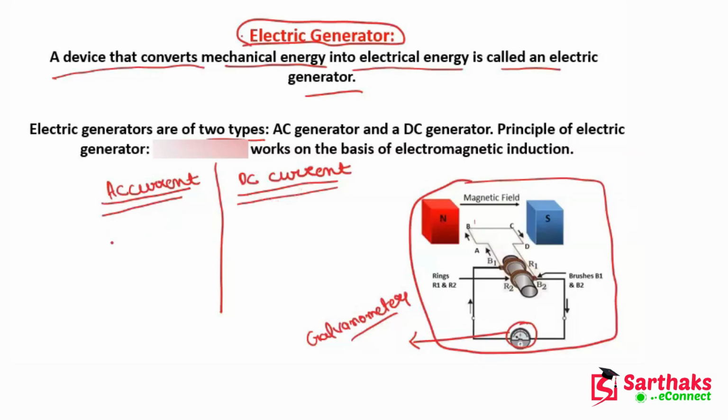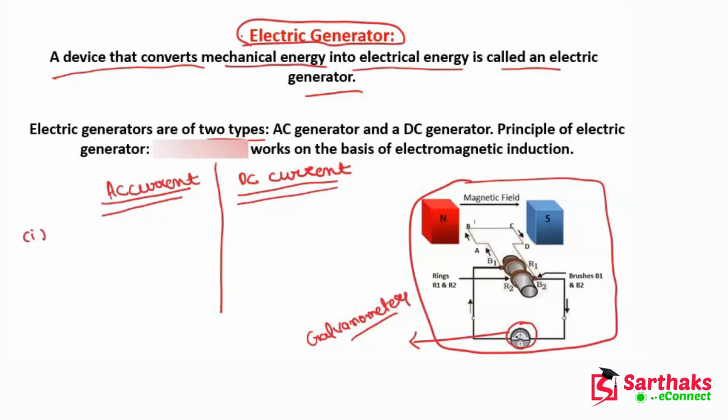Now guys, let me tell you some basic difference between AC and DC current so that we can understand the difference between AC and DC generators. Let's talk about AC current.